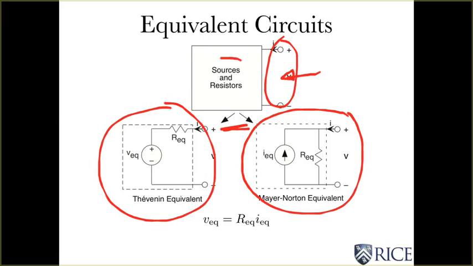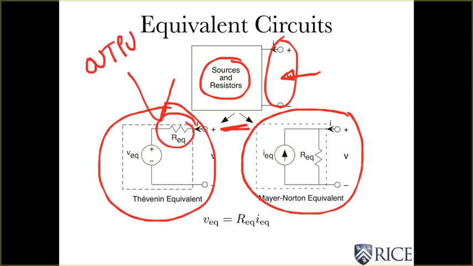This says that no matter how complicated a circuit is inside, consisting of current sources, voltage sources, and resistors, it all can be summarized as a simple voltage source in series with an equivalent resistance. This equivalent resistance is sometimes called the output resistance.